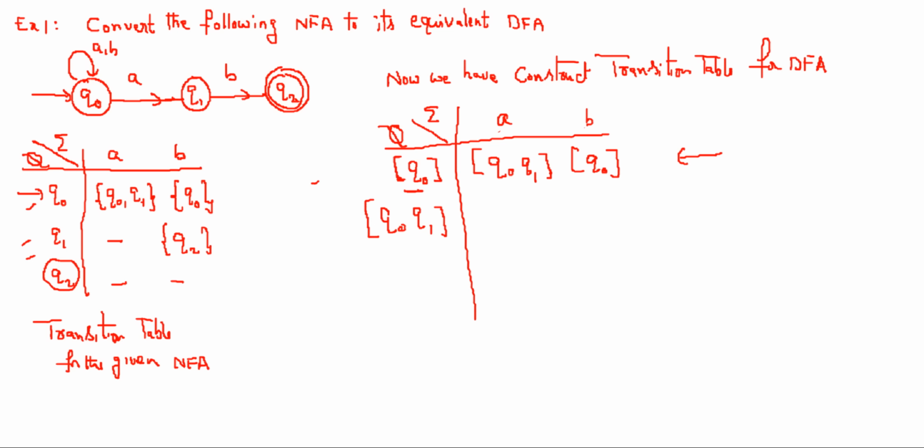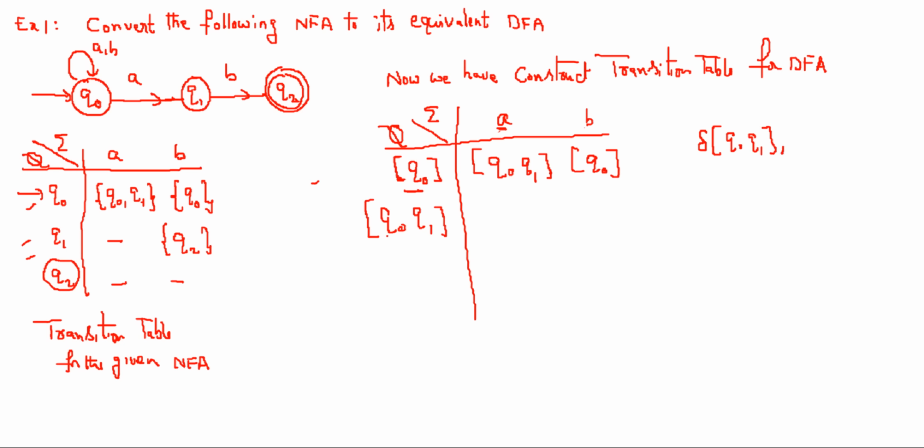So now you have to see what will happen if you apply A on Q0, Q1. You have to derive where you are going on applying A on Q0, Q1 with the help of the NFA diagram. Now you will see how the transition works.